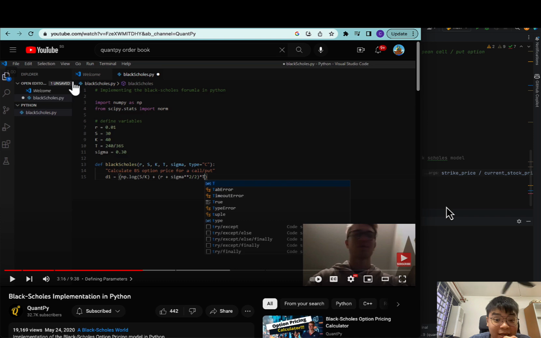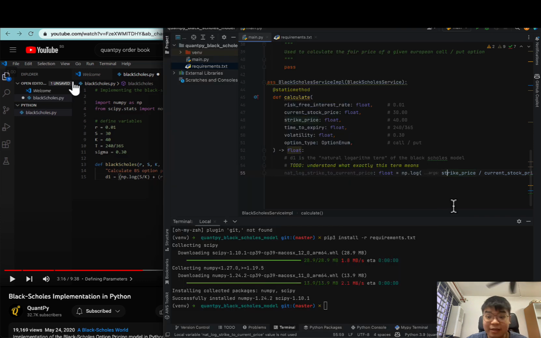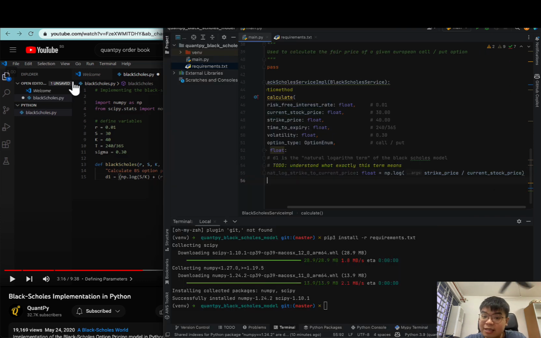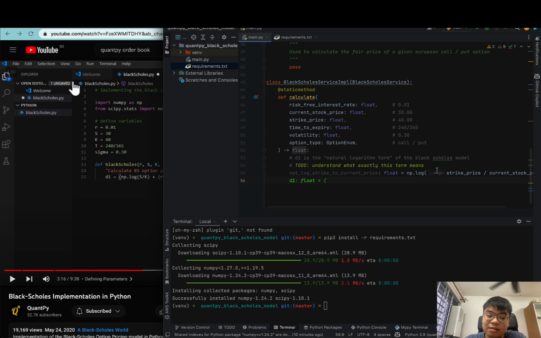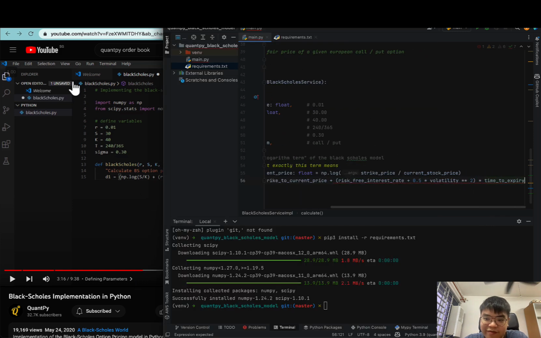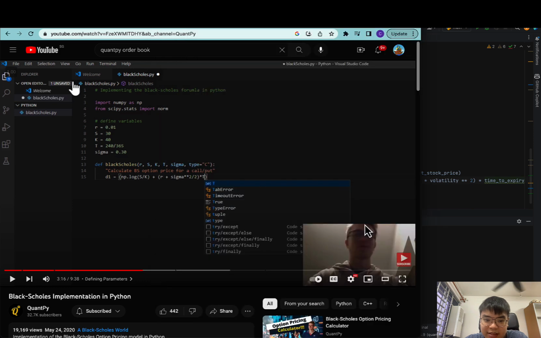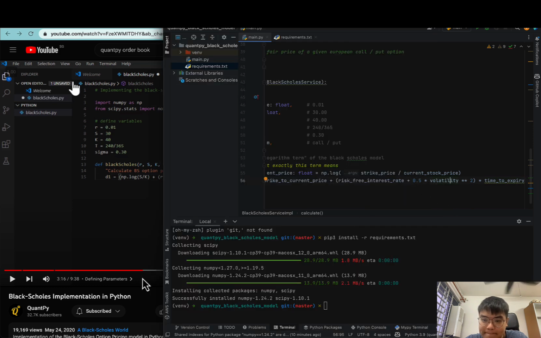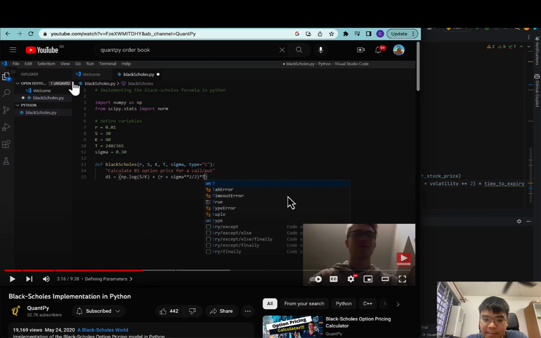Not sure what that means, but okay, let's accept that for now. But let's set this to be equal to net log of strike to current plus risk-free interest rate plus sigma squared multiplied by time to expiry.